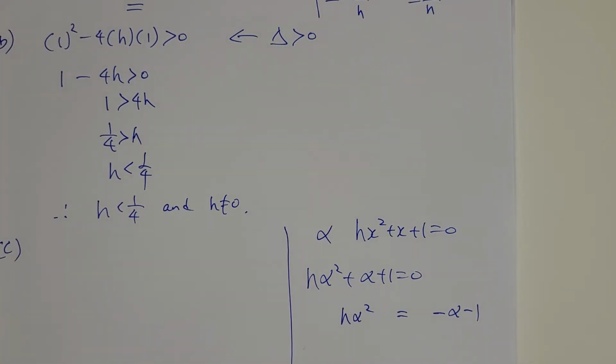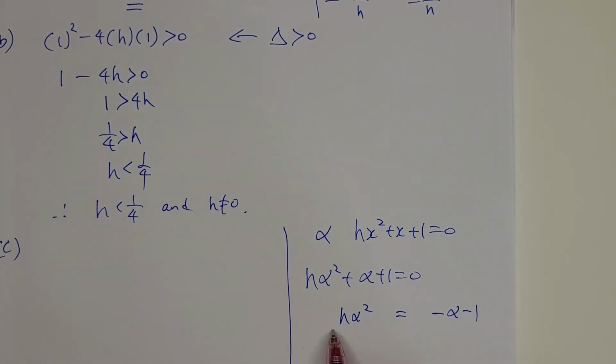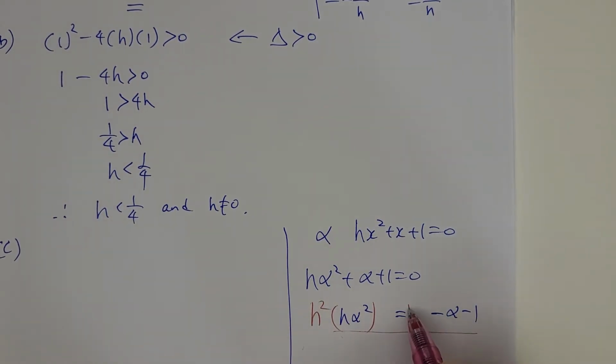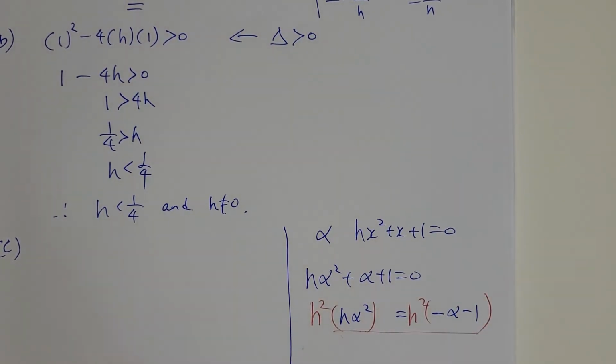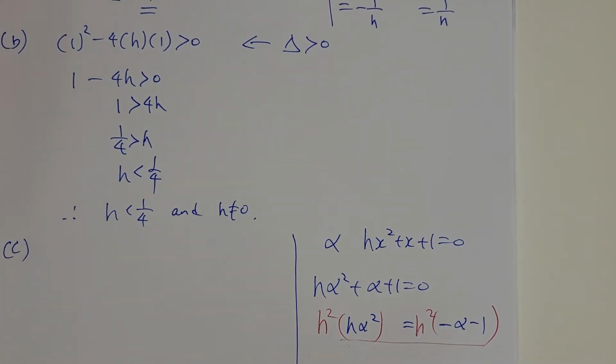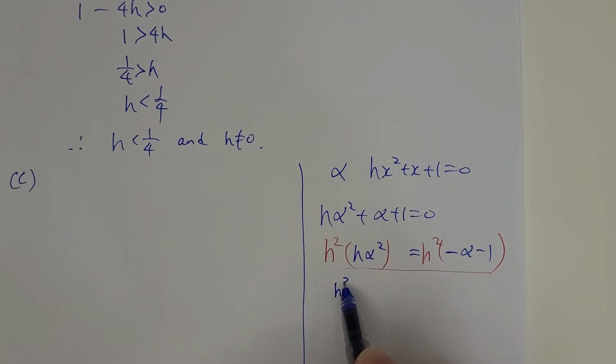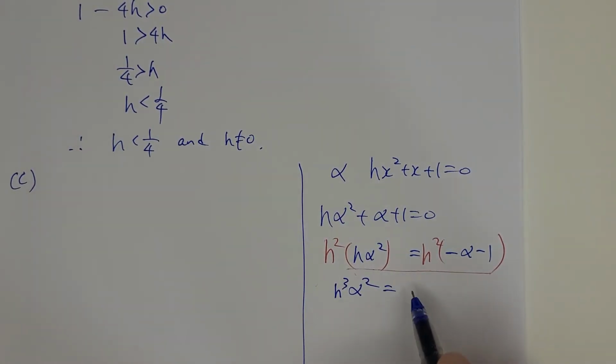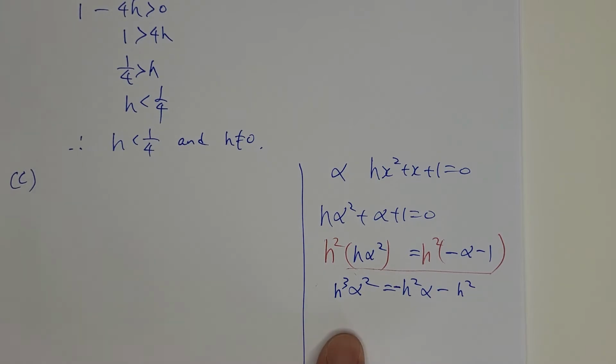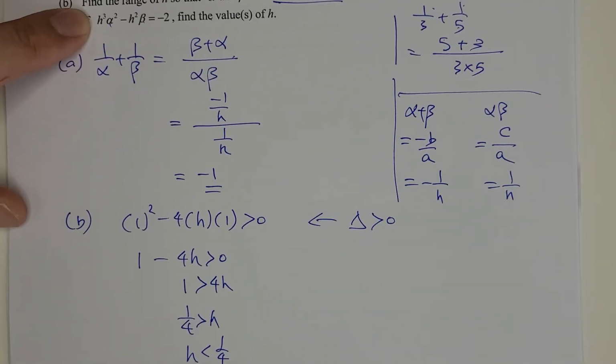So what we can do is, when you use this equation, you multiply h squared on both sides. Why? Because there's an h cubed alpha squared in the question. So you want to create something like h cubed alpha squared here, and on the right-hand side h squared alpha with a negative sign, minus h squared. Therefore, you can substitute in the equation here.